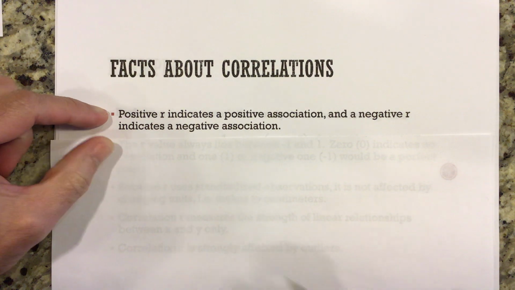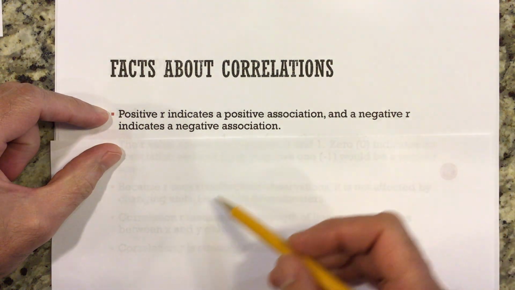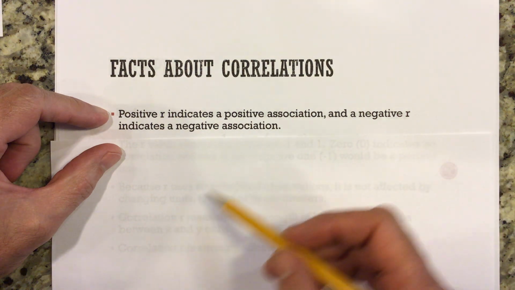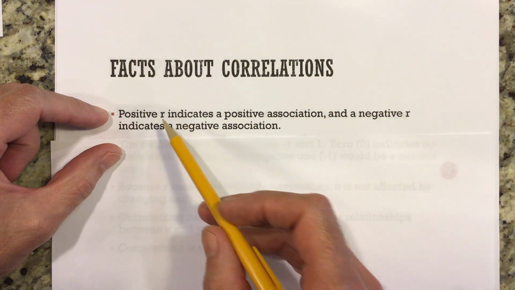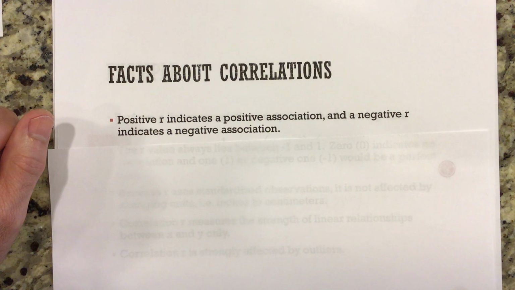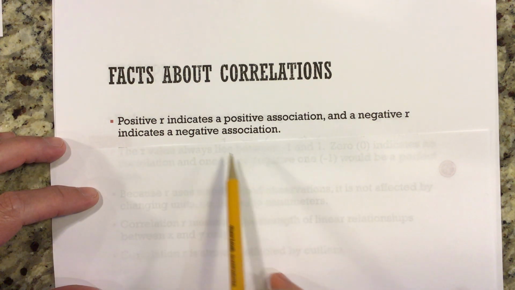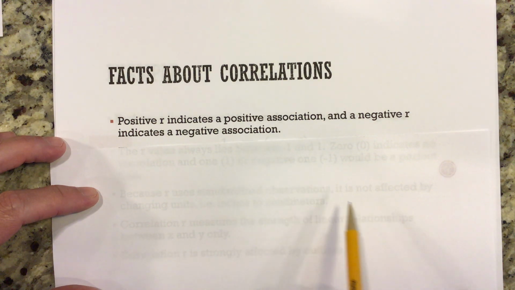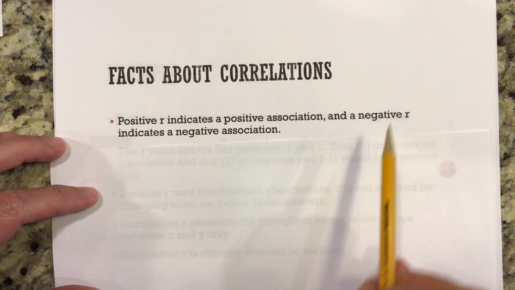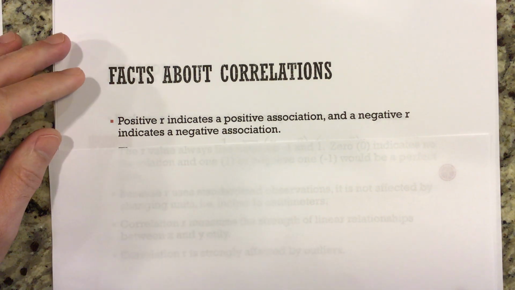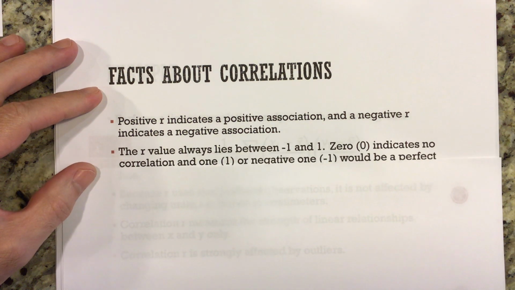So if I see points going in a positive direction, with a positive slope or a positive association, then I will get a positive r when I calculate my correlation. If my trend is negative, negative slope or negative association, then when I calculate r, I will get a negative value for r. So the sign on r tells you the direction of the association, which is awfully handy.